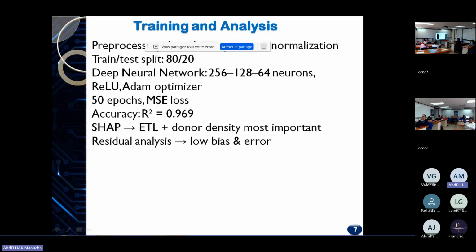Using SHAP analysis, we identified which parameters are the most important: the ETL type and its doping, while HTL parameters play a smaller role. Residual analysis confirmed that the model is unbiased and robust.